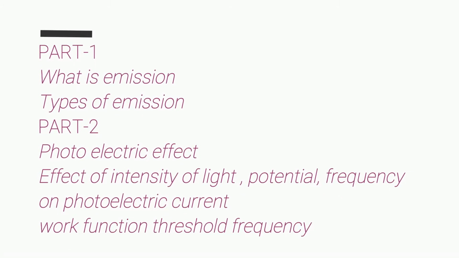In the second video, we discussed the photoelectric effect, and briefly analyzed how photoelectric current depends on the intensity of light, potential of the anode plate, and frequency of incident light or incident electromagnetic radiation. It's all discussed in our previous video and the link is in the description box.